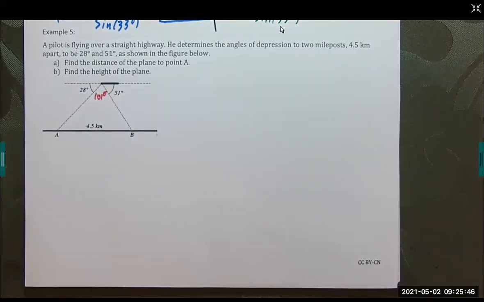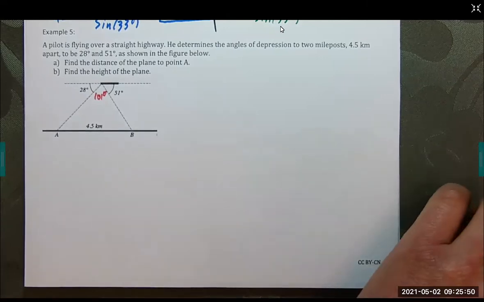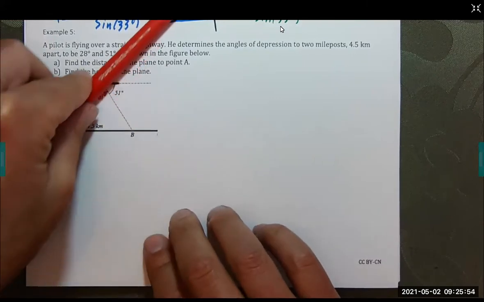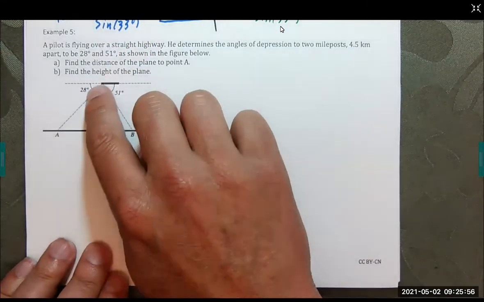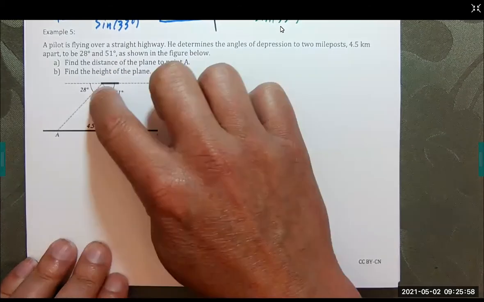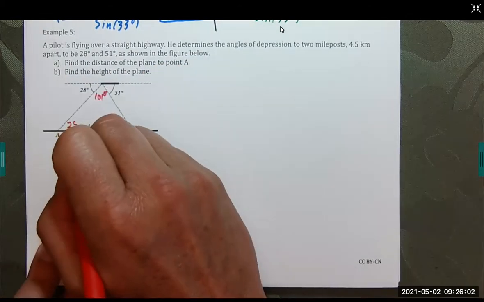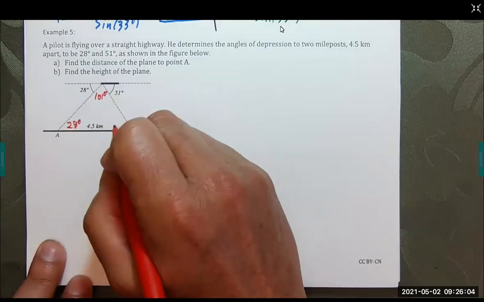Now, if you remember your geometry, when we have two parallel lines like this, and something called a transversal, a line that's chopping through it, these opposite angles are always the same. So that means that this is 28 degrees, and that this one is 51 degrees.